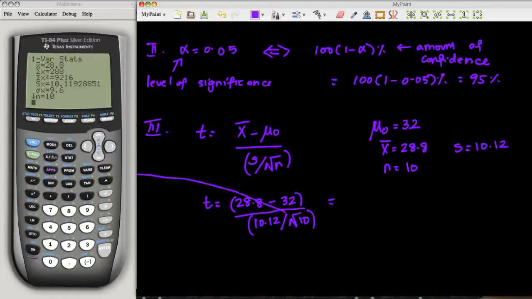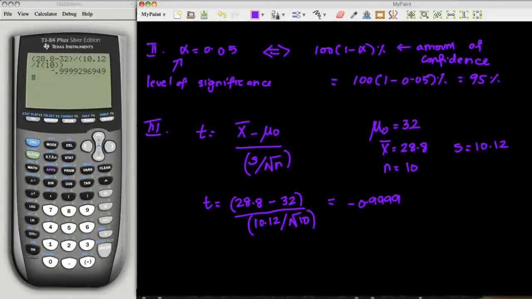So you could find the test statistic using the calculator as follows: 28.8 minus 32 divided by s, which is 10.12, divided by square root of 10, close paren, enter, get negative 0.9999.